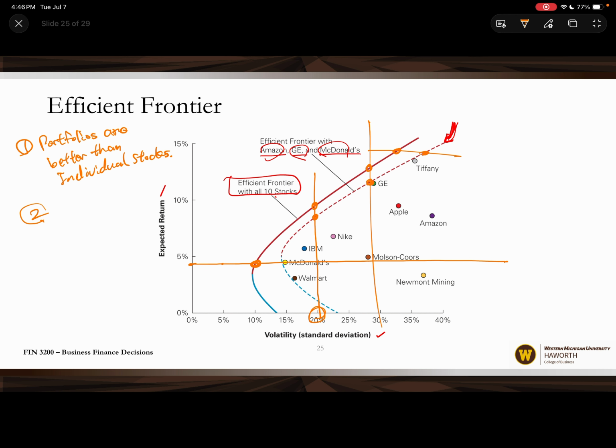Given the same volatility, the portfolio with 10 stocks is clearly superior compared to the portfolio with 3 stocks. The portfolio with 10 stocks is clearly better than the portfolio with 3 stocks.